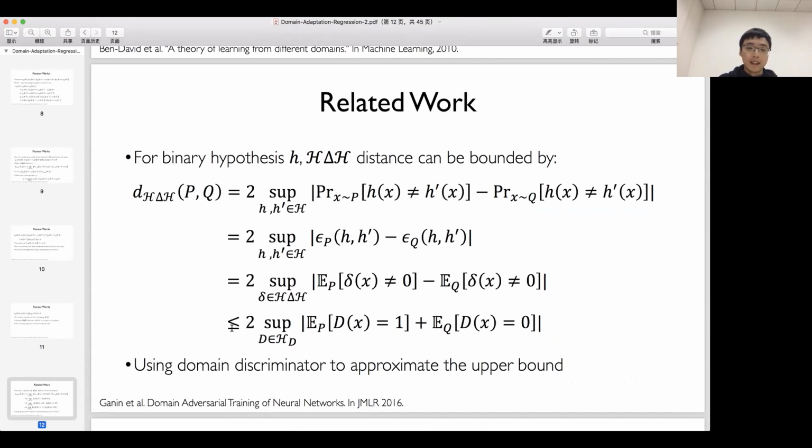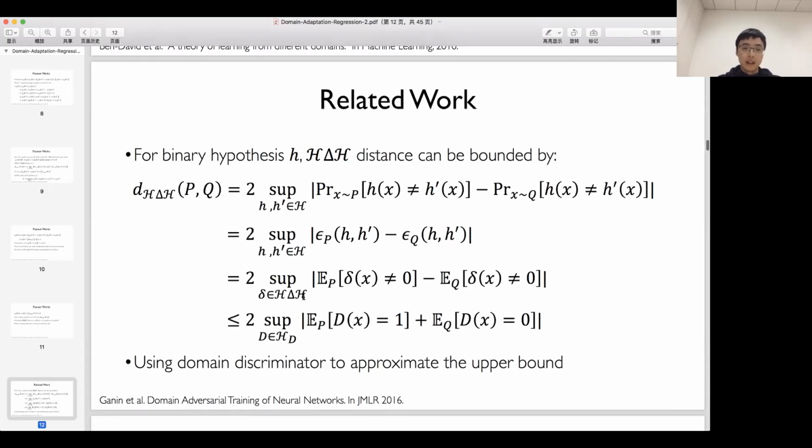We can find that in the fourth line, we just use a neural network hypothesis space to replace the H delta H hypothesis. So the hypothesis space is enlarged, and this is an inequality.